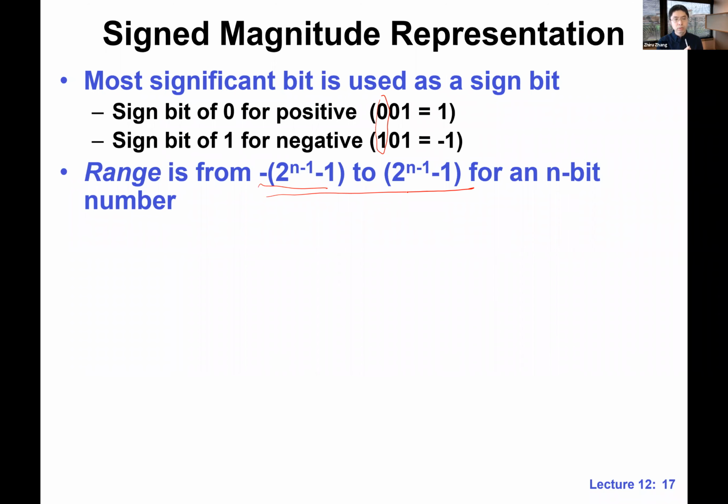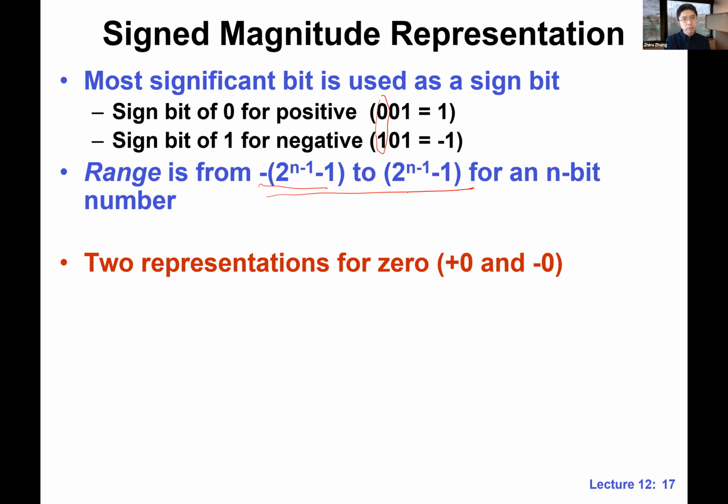If you do this, what's the redundancy? Yeah, very good, Jacob. So for a 3-bit number, we are wasting 2 encodings for a single number, which is 0, as you just pointed out. We actually have +0 and -0.